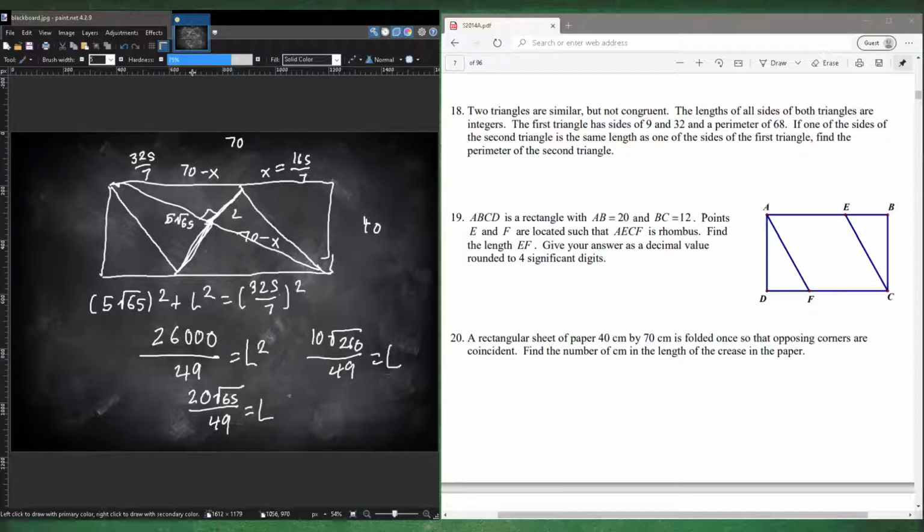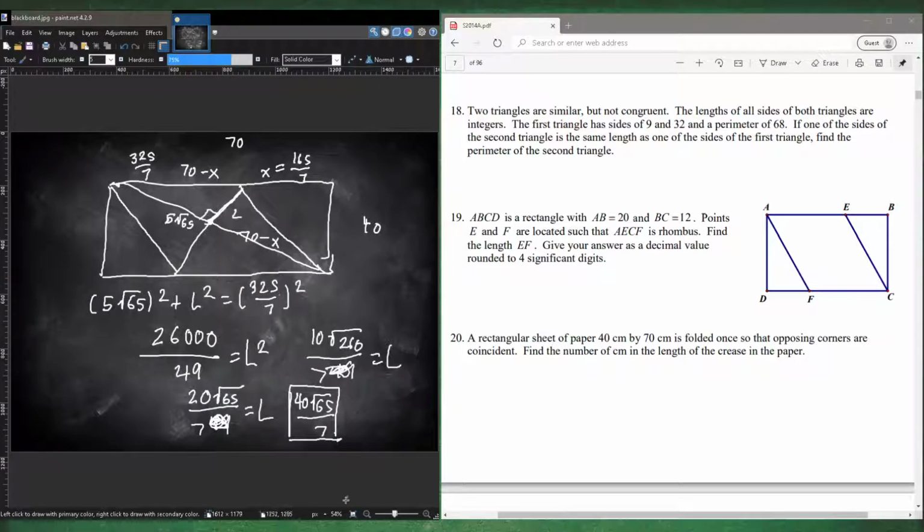So we multiply by 2 to get 40 square root 65 over 49. And that's your answer. 40 square root 65 over, sorry, not over 49. I forgot to square root the 49 on the bottom here to make 7. So it's 40 square root 65 over 7 is the length of your crease.